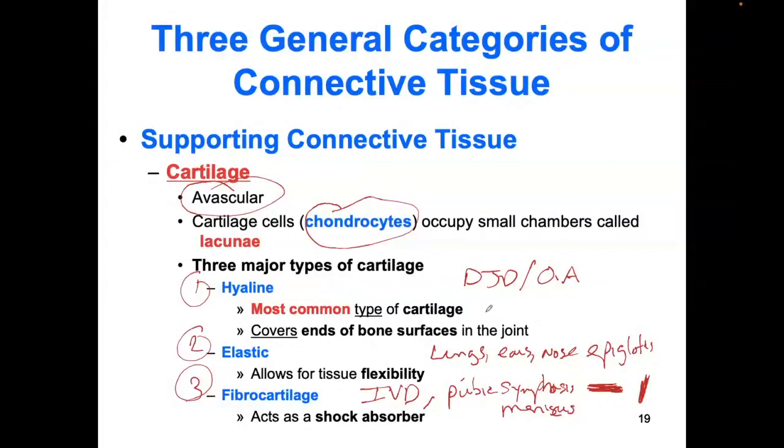So between the shoulder joint, between the hip joint, between the fingers, we have hyaline cartilage. Okay. Fibrocartilage is primarily made up of type 1 collagen fibers. And hyaline is type 2 collagen fibers.